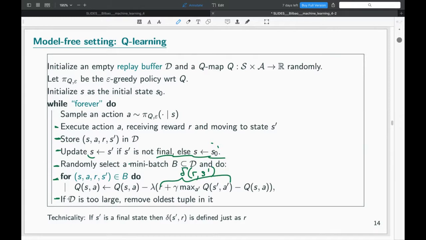So you want a reasonable amount of tuples to be stored, but you want to discard the ones that are too old because the information is not interesting for us anymore. Okay, so this is the whole Q-learning algorithm. It's the algorithm from 1992 I mentioned.